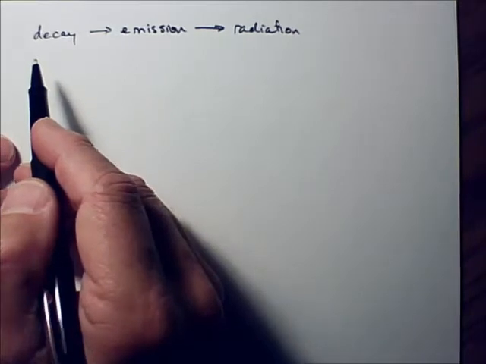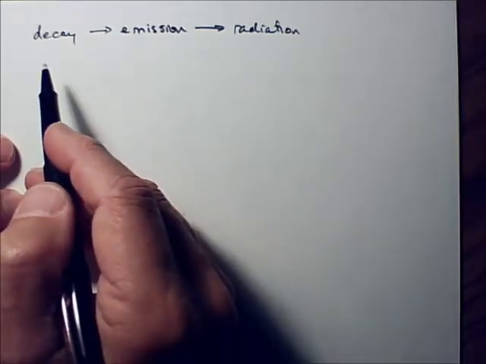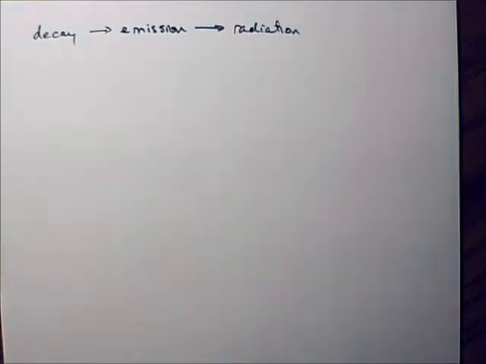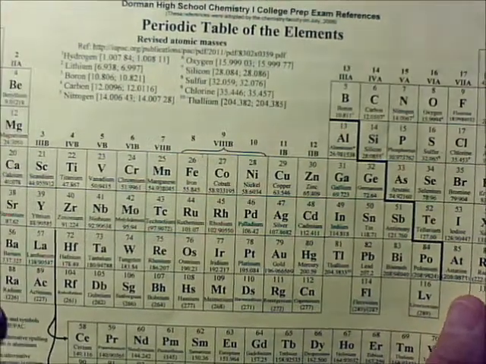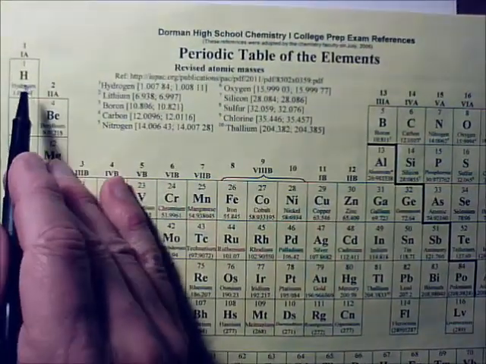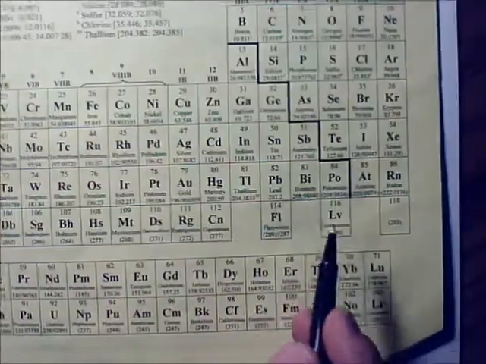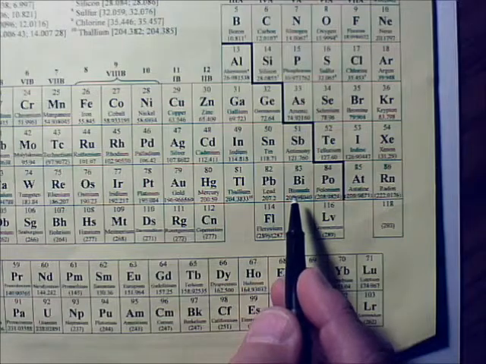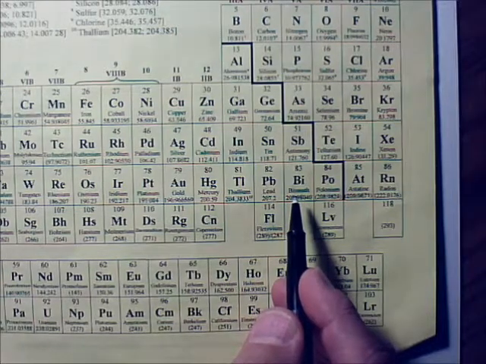Most elements have at least some stable isotopes. So, elements from 1, hydrogen, up through 83, bismuth, have some stable isotopes. Maybe only one, maybe more than one.